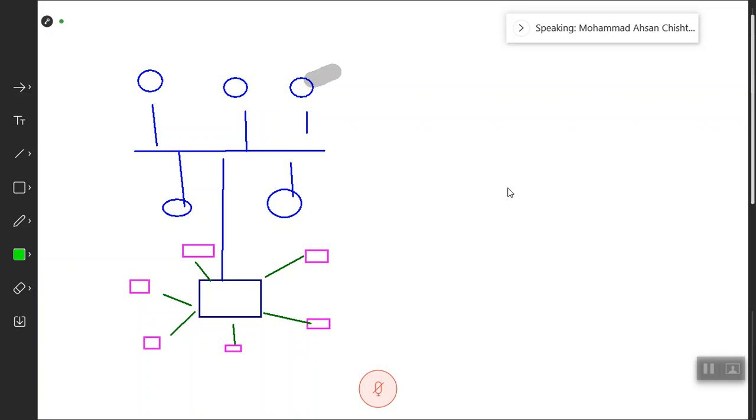What we just now discussed was a physical topology. Next, what we'll discuss is a logical topology. What is a logical topology? Logical topology is, in a way, how the signal acts, how the signal is passed within the media, what connections have you used.